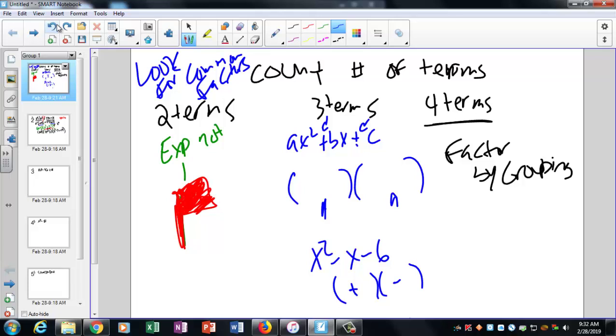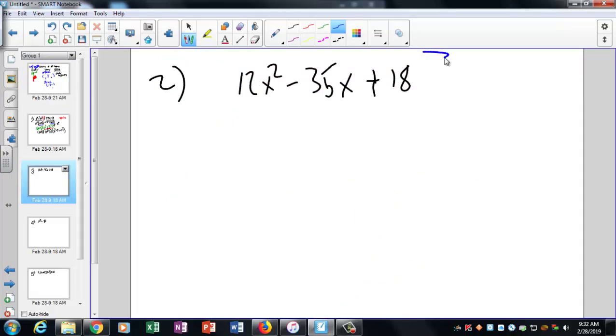So when we look at three terms, the first thing to look at is this sign here. That sign's plus. So what does that mean about these two? Huh? No. They're the same. It doesn't mean they're plus. It means they're the same, and they're the same as that middle term.